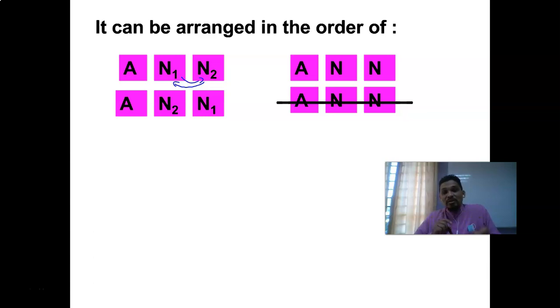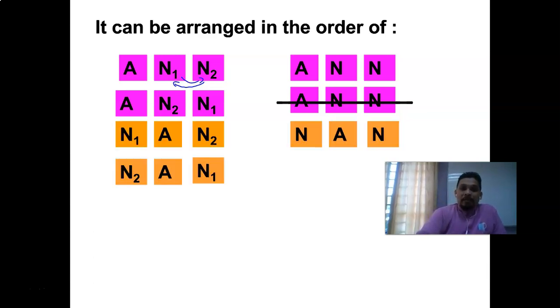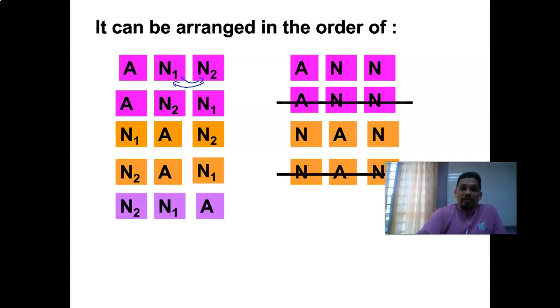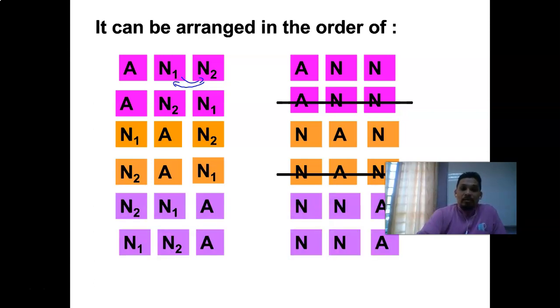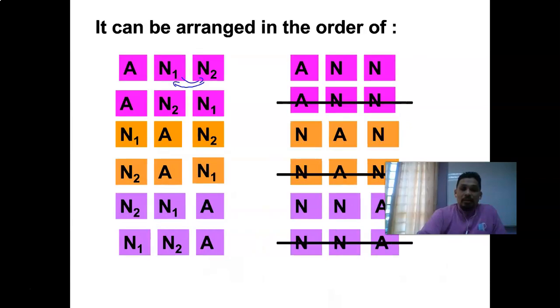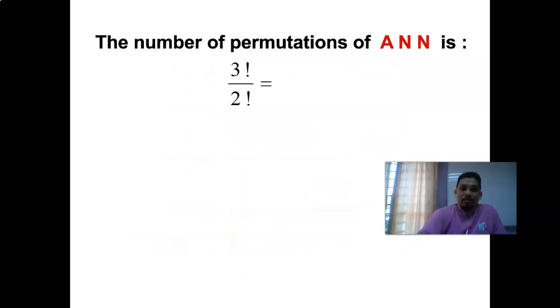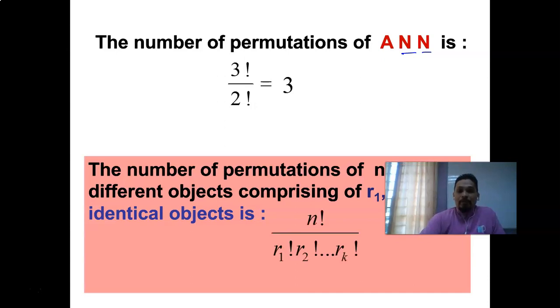But for the letter N, we consider it as 1. So there are 3 different ways of arrangement: 3 factorial divided by the repeating of 2 N's, 2 factorial, equal to 3. There you go.